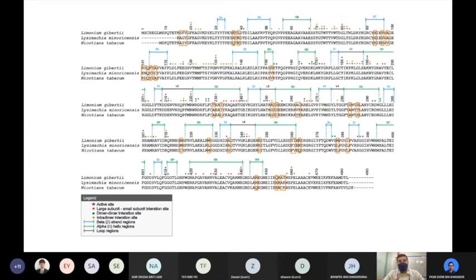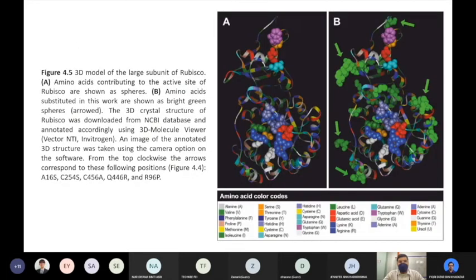One of the ways is to look at natural variations in other plants that have Rubisco with higher efficiency, and try to introduce those differences into the host genome that we are looking at. And this is just a 3D model of the large subunit of the Rubisco enzyme with all the DNA alteration sites that were introduced.